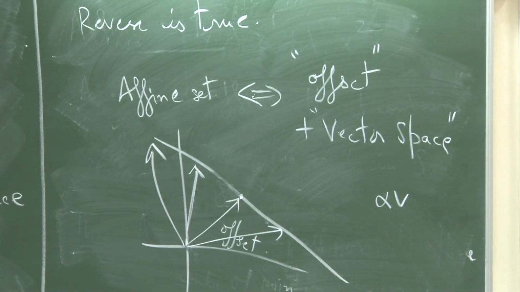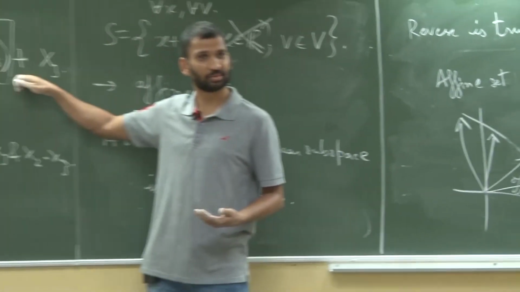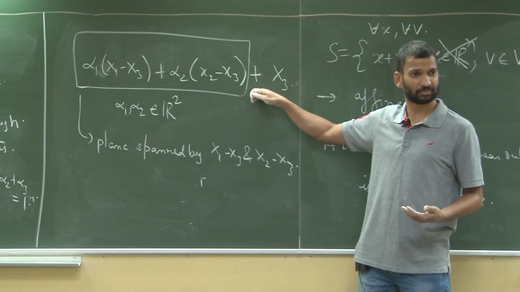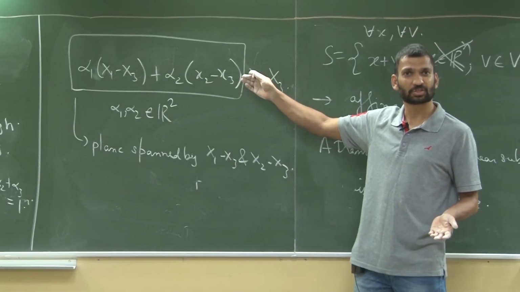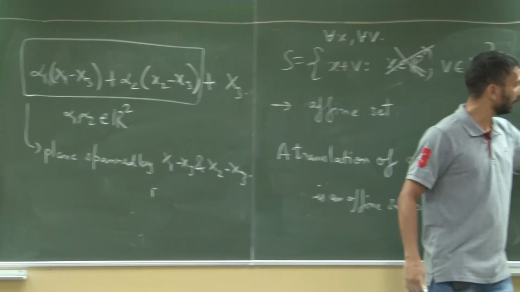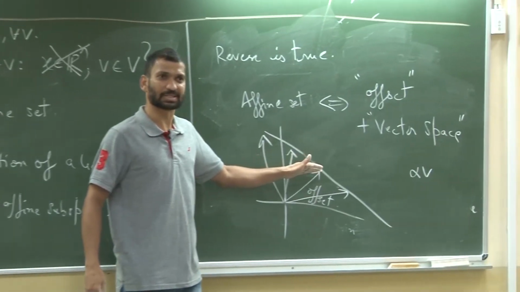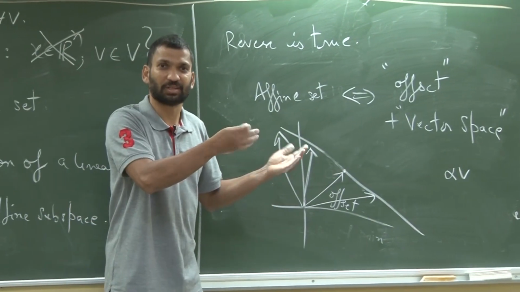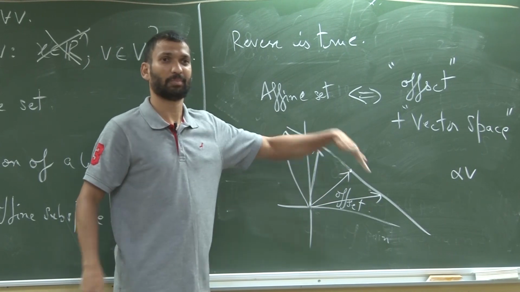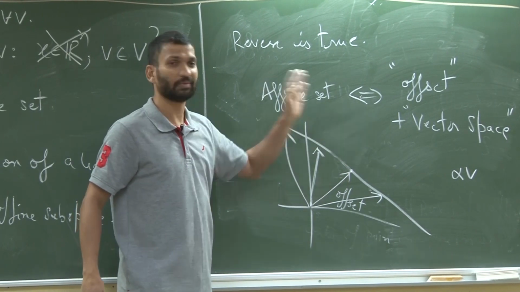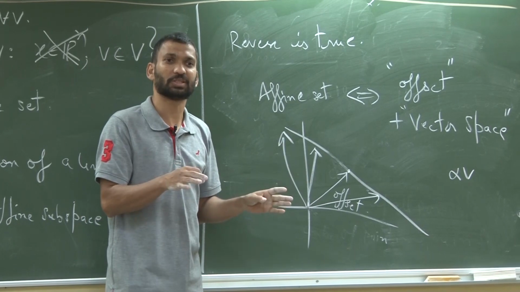I could have played the same trick with x1, I could have played the same trick with x2. So even though it looks like it is offset plus a vector space, it is any offset in the affine set adding the vector space, and that is because of the linear combination structure.